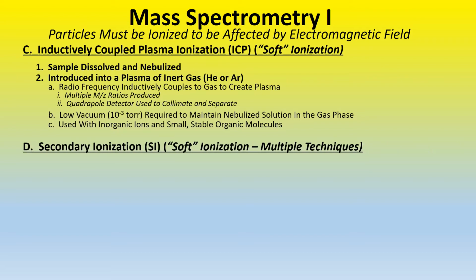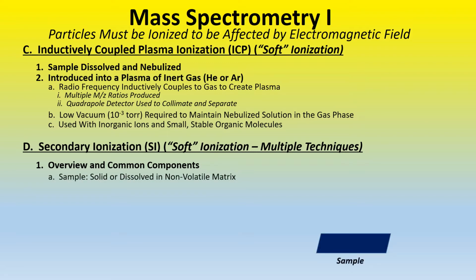Fourthly, you can have another type of soft ionization technique called secondary ionization, or SI. There are many different ways to do this type of soft ionization, the secondary ionization, but they all have several things in common. First of all, the sample is a solid, or it is dissolved in a non-volatile solvent called a matrix.